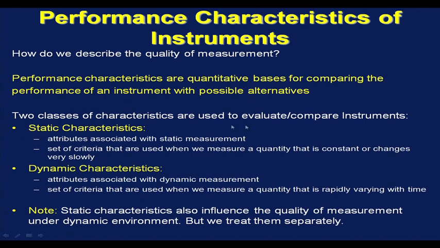Two classes of characteristics are used to evaluate or compare instruments, namely static characteristics and dynamic characteristics. Static characteristics are associated with static measurement. These are set of criteria that are used when you measure a quantity or a condition that is either constant or changes very slowly with time.